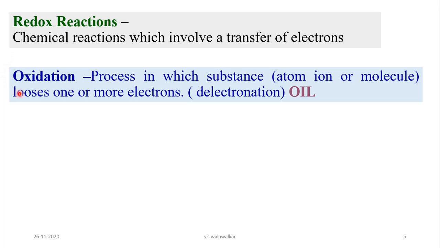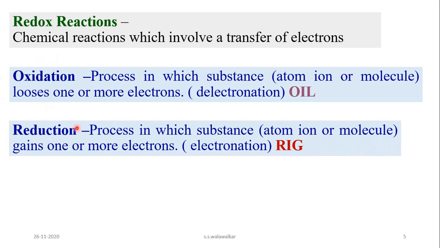And the oxidizing agent itself gets reduced. That means the oxidizing agent is a substance which accepts electrons and forces another substance to lose electrons. That is called the oxidizing agent.